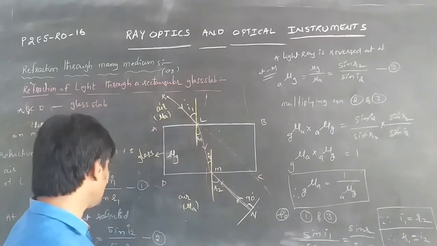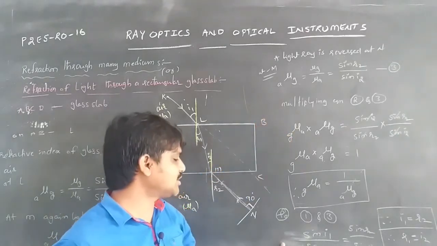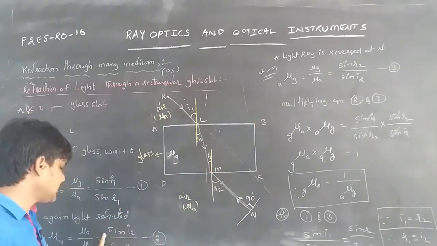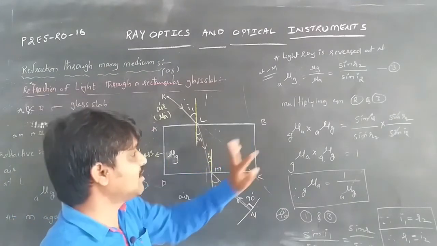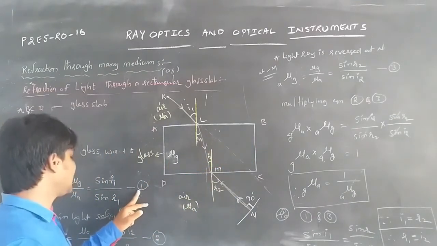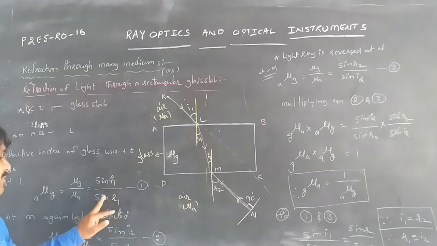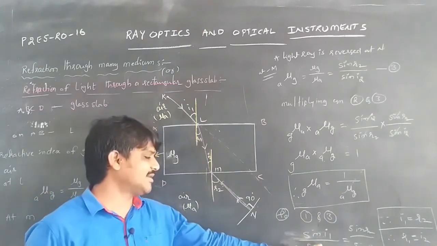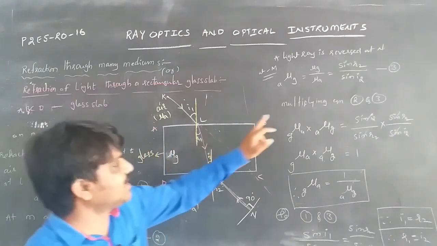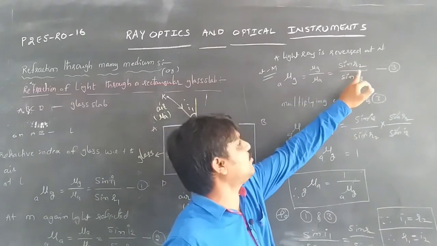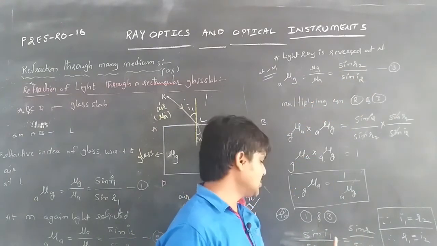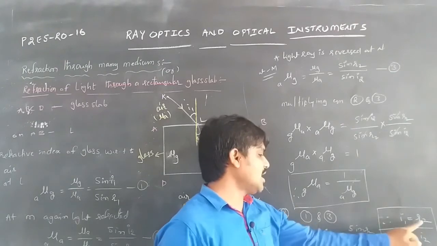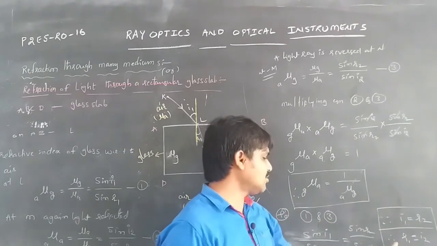Equation 1 is sin I1 by sin R1, and equation 3 is sin R2 by sin I2. Both are equal, so I1 is equal to R2, and R1 is equal to I2.